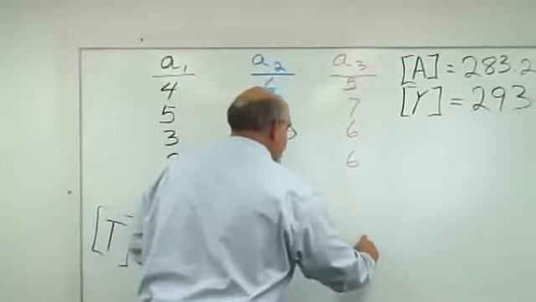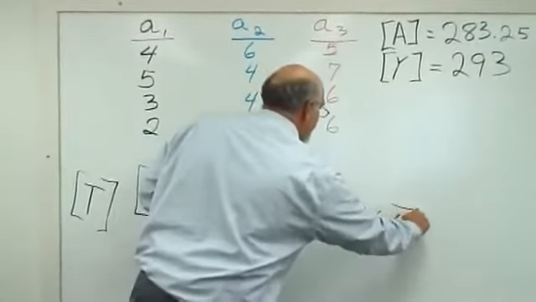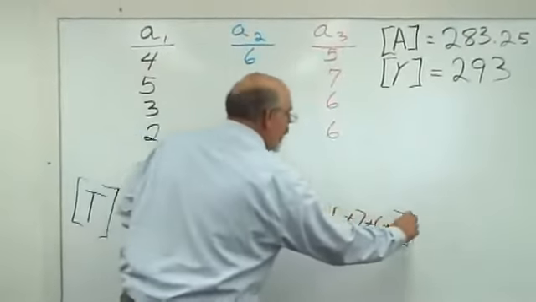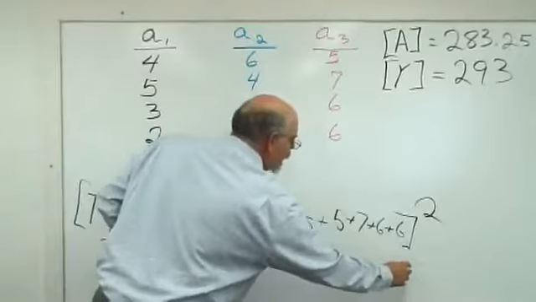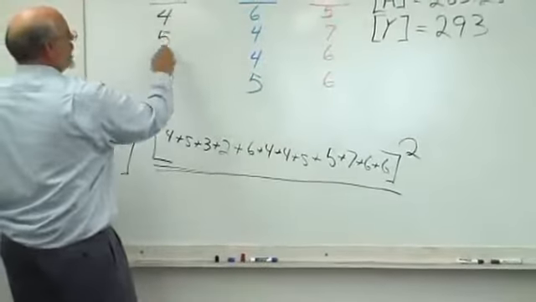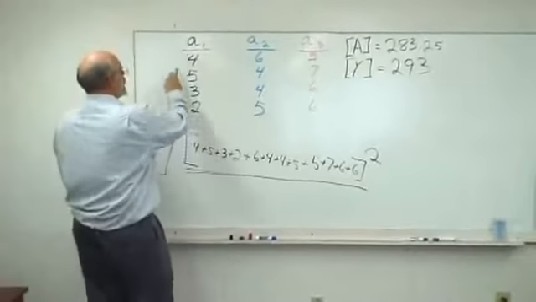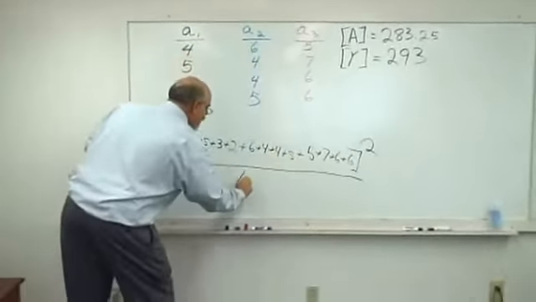All of these guys. 5 plus 7 plus 6 plus 6. Close bracket. Square that. Divide this sum by the total number of individuals in all groups. So there's 1, 2, 3, 4, 5, 6, 7, 8, 9, 10, 11, 12. So you're going to divide that number by 12.